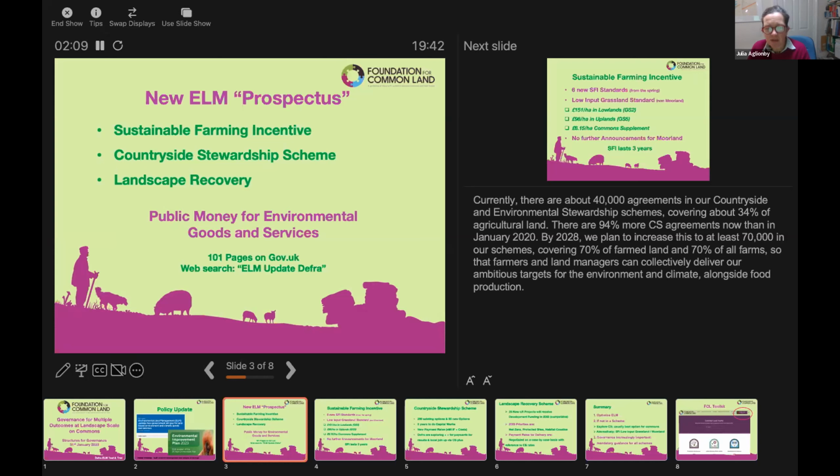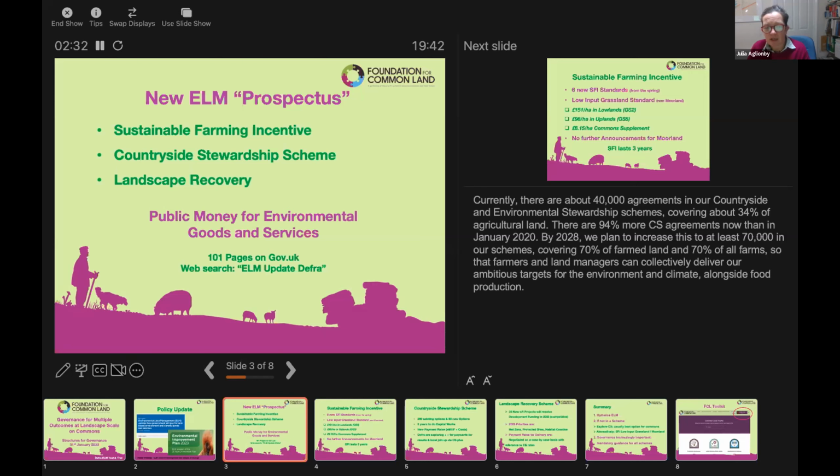So at the Foundation for Common Land, we don't really care about the name on the tin. What we're really interested in is what's going to be delivered and how easy it is to access these schemes. So we welcomed the use of the existing scheme, the Countryside Stewardship Scheme, that there will be continuity between the current and the future schemes.